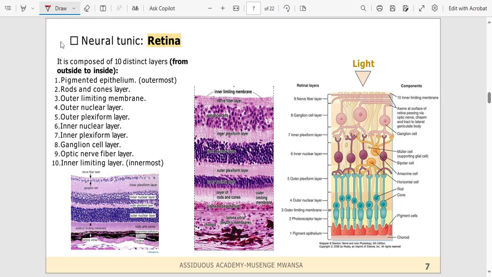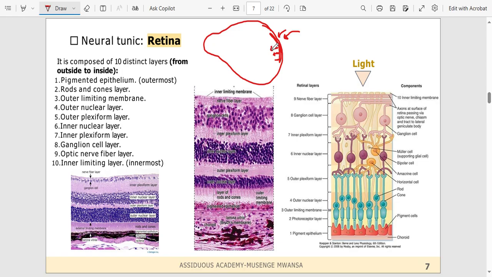So if this is your eyeball, the cones and rods are going to be the very last cells in the retina. Remember, you also have the sclera, you also have the choroid layers, and then now you came to this layer. We are going to have the rods and the cones.